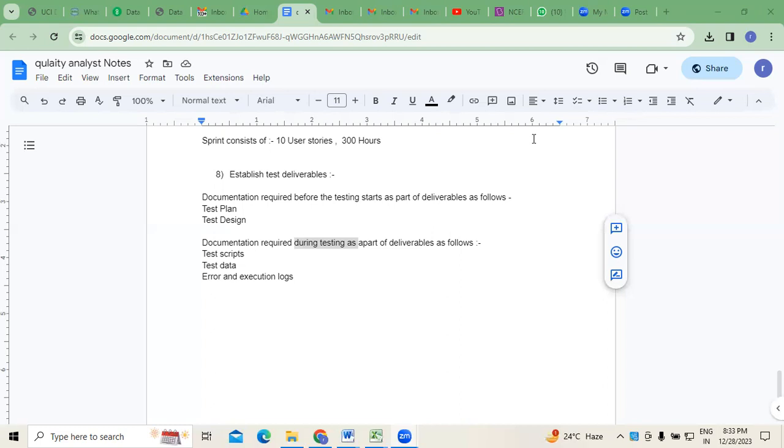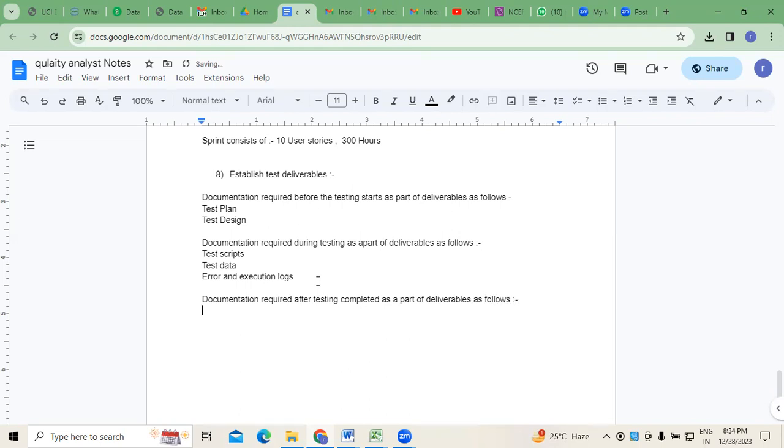After that, the next is once the testing is completed, right? So the third one is about testing completed. Documentation, after testing completed, as a part of deliverables, as follows, right?